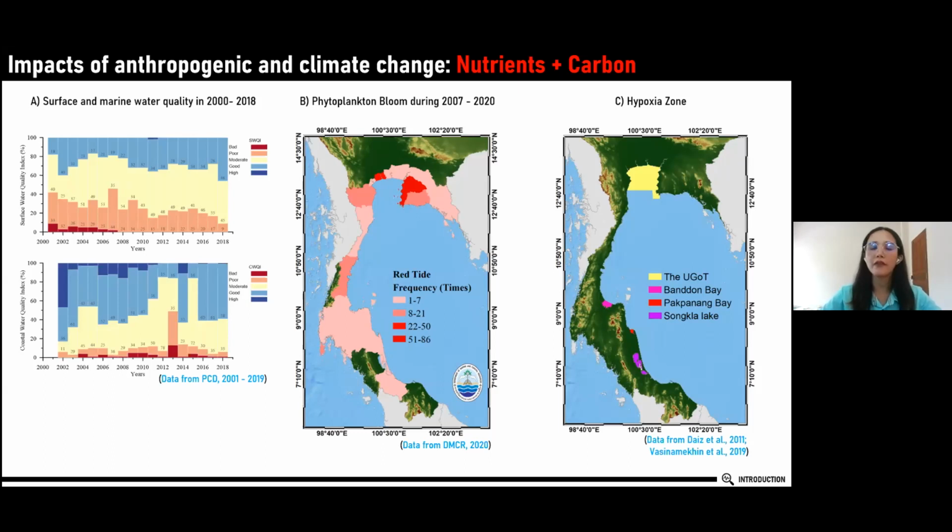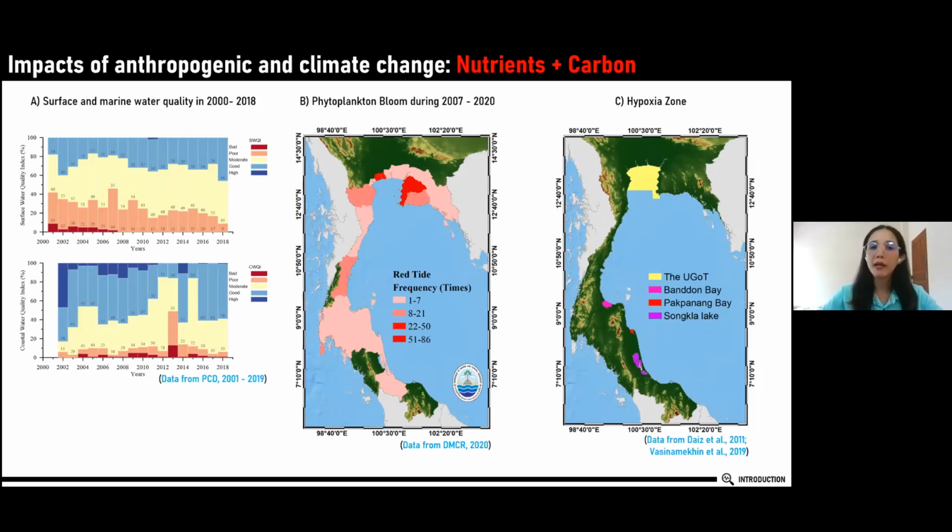And lastly, hypoxic conditions or low oxygen concentrations have also been reported in the upper Gulf of Thailand, Bandon Bay, Pak Panang Bay, and also Songkhla Lake in the southern part.